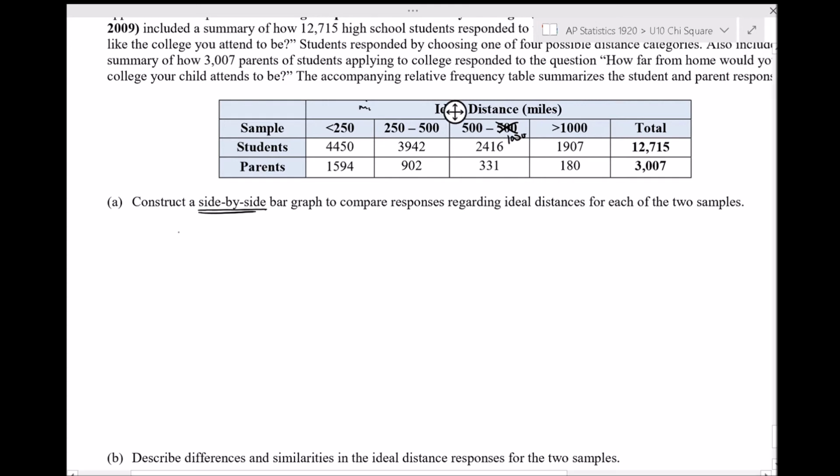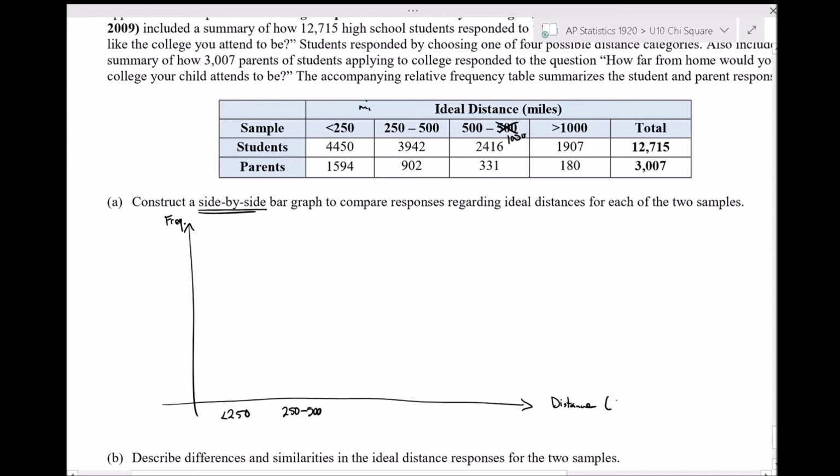So y-axis, so I can do a better job. This is frequency. X-axis, distance. And it's a distance category. So this is less than 250, 250 to 500.